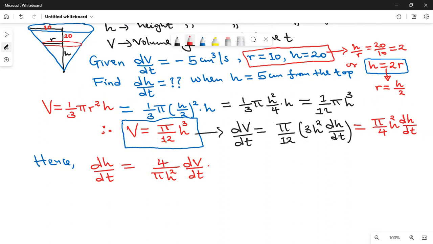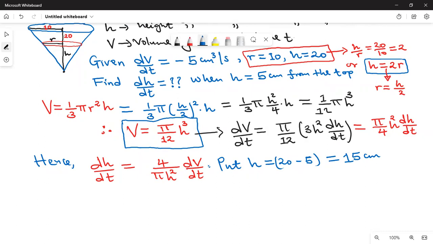So therefore, we need to find dh/dt when now h is equal to, the trick here, don't put h equal to 5, but it should be 20 minus 5, because we are given the distance from the top, but h is the distance from the vertex of the cone. So in this case, h must be 15 centimeters. H is 15 centimeters now from the bottom, from the vertex.